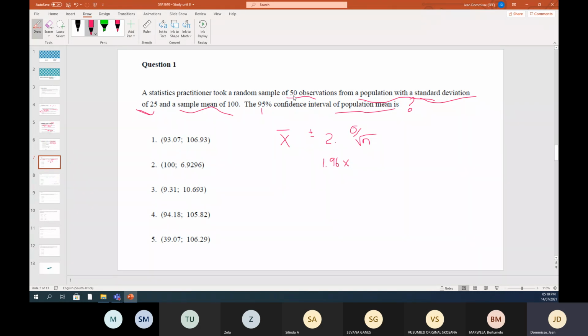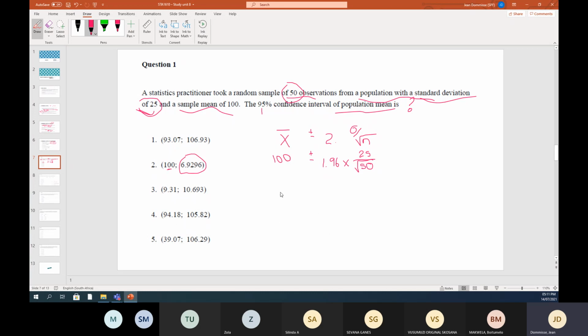Your standard deviation was 25, your sample was 50, and your sample mean was 100. If you multiply those two out, I think it will be that answer, but let's see.